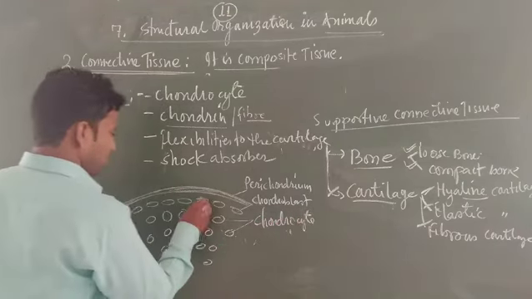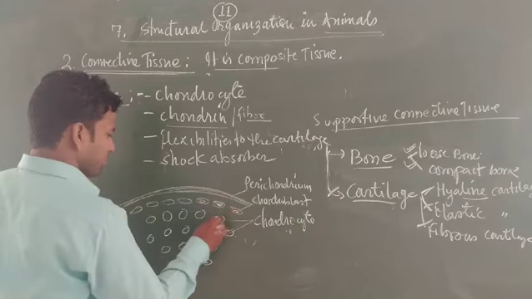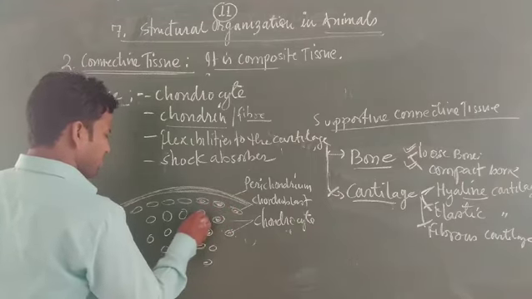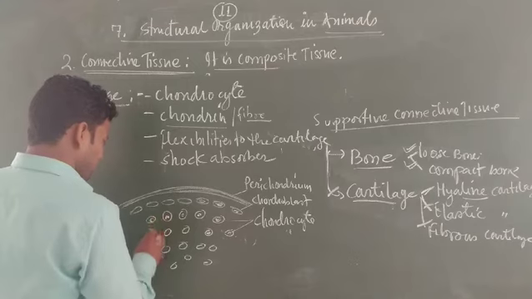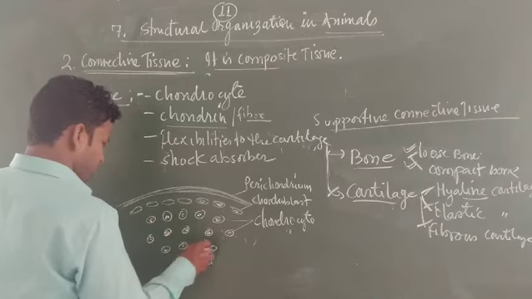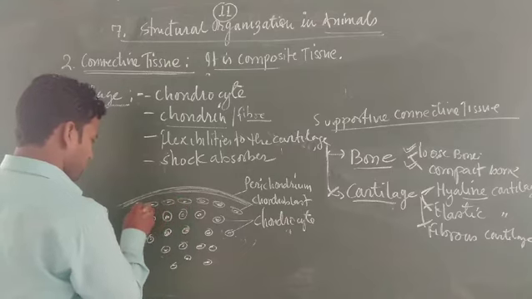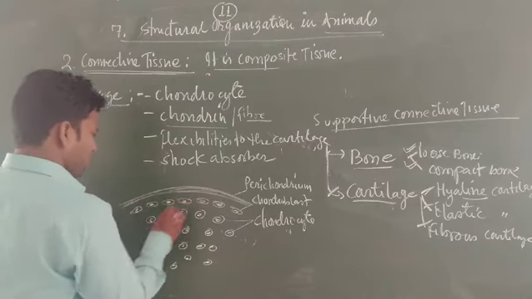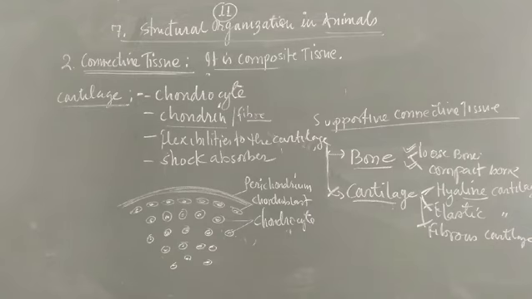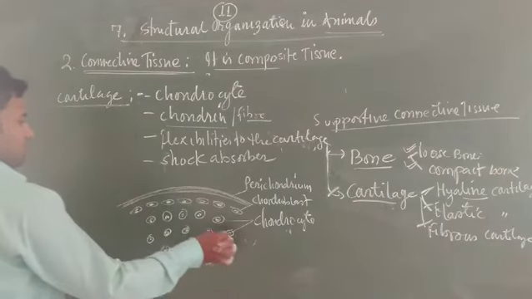Chondrocyte. These all are nucleated cells. Nucleated cells called chondrocytes. Suppose this is a chondrocyte cell.